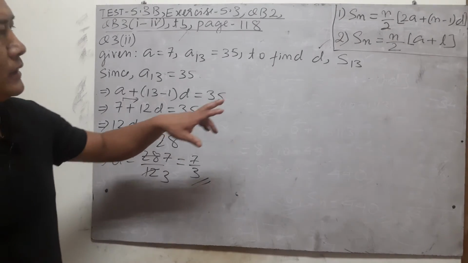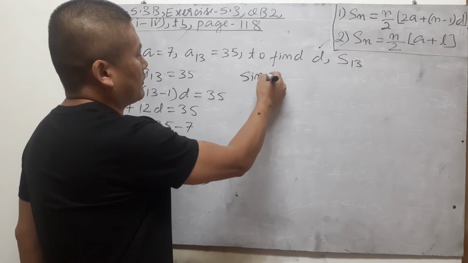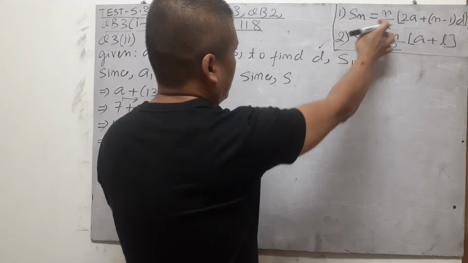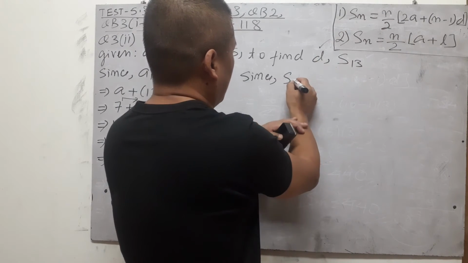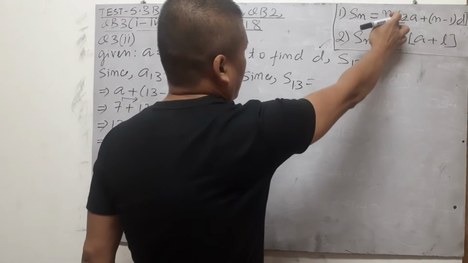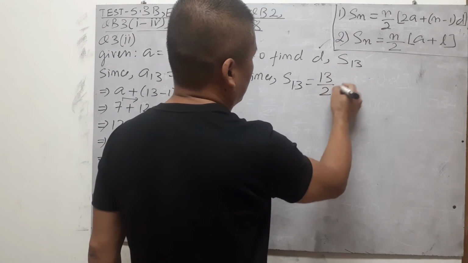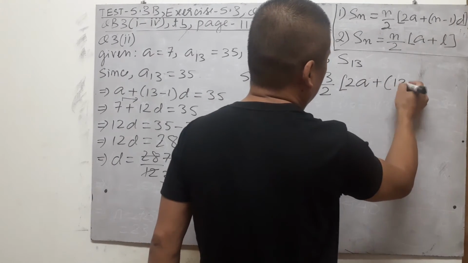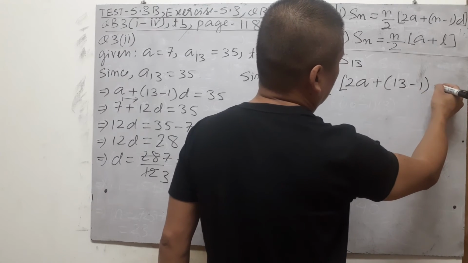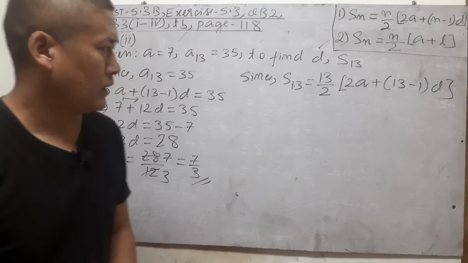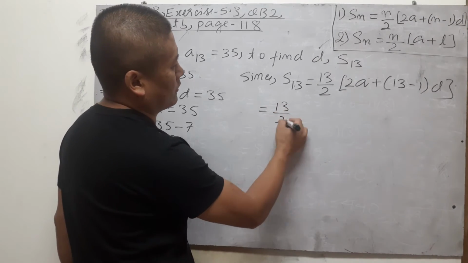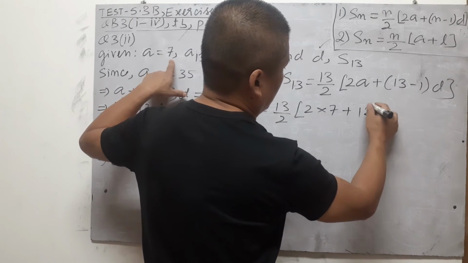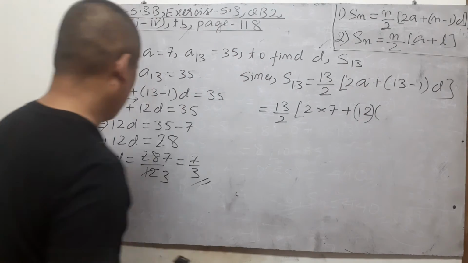To get S13, we know the formula for Sn, and we have to use this one. n is known, so 13 is n. S13 equals 13 by 2 into (2a plus (13 minus 1) into d). So that is 13 divided by 2 into (2 times 7, plus 12 into d), and d we got just now as 7 by 3.